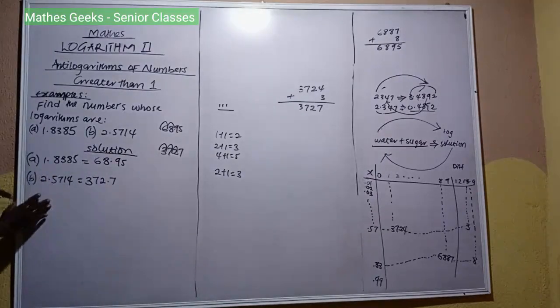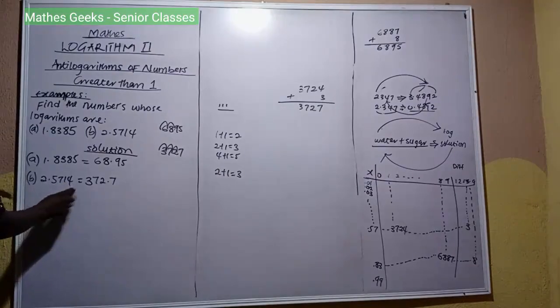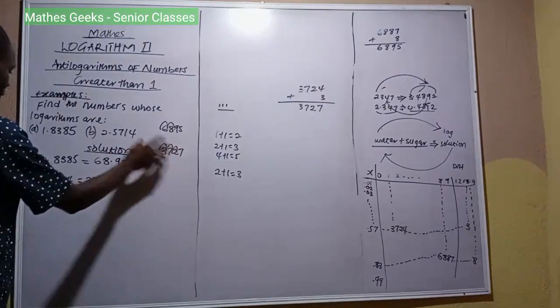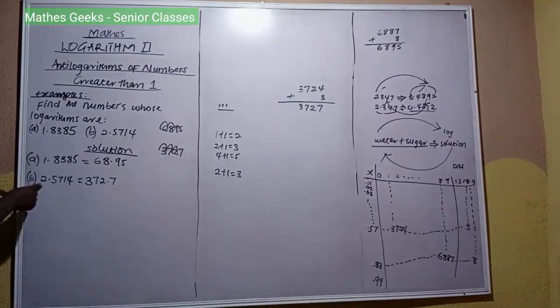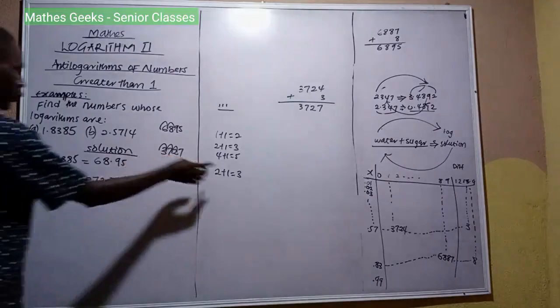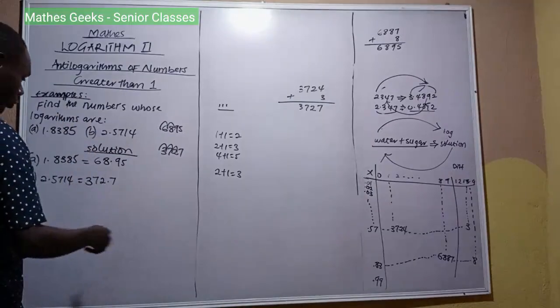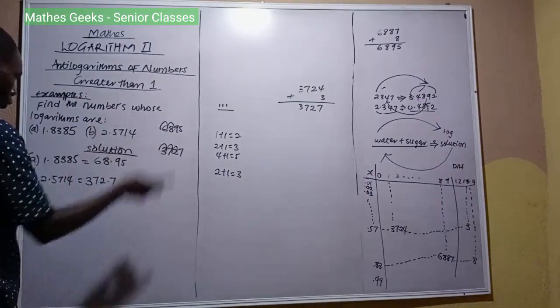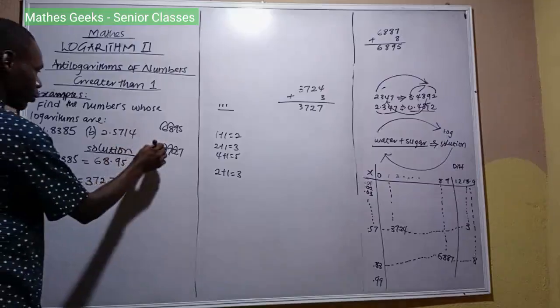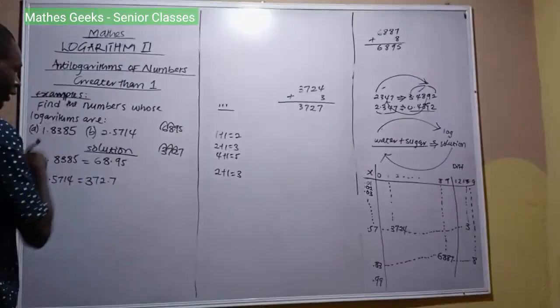So to reverse the process, the first thing you need to do is not this whole number part, it is the mantissa part. So you're going to look for 0.57 under 1, difference 4, which gave us 3727. Now this 2 here: for log you subtract, for anti-log you're going to add to this characteristic. So 2 plus 1 gives us 3, and that tells you how many times you have to move your decimal point forward, and your decimal point is assumed to be behind the first significant figure.